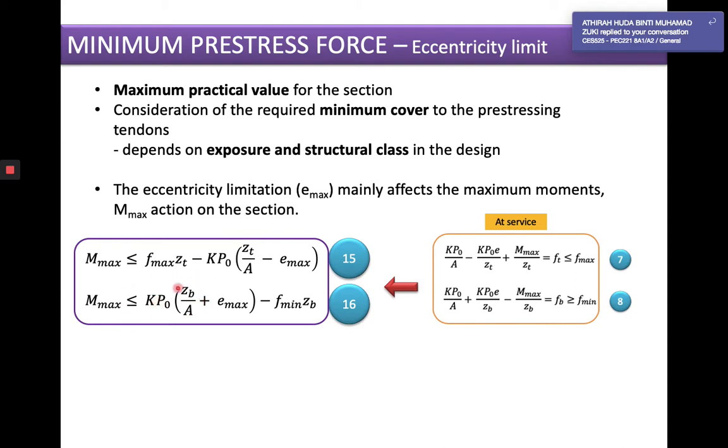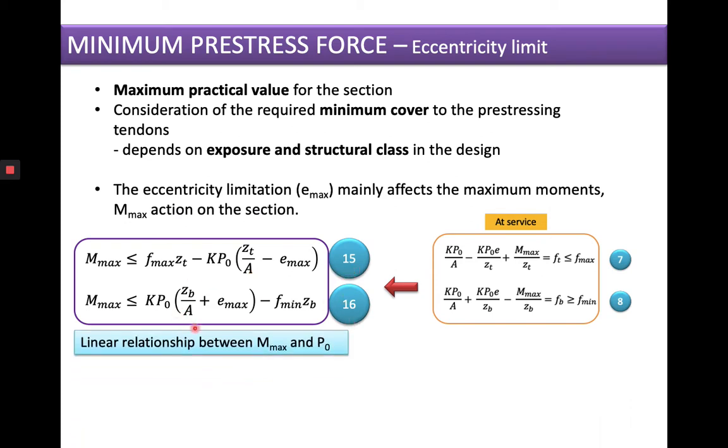So as you can see here, we have M maximum for two equations, equation 15 and also equation 16. From these two equations, we can have a linear relationship between the value of moment maximum and also the P naught value.